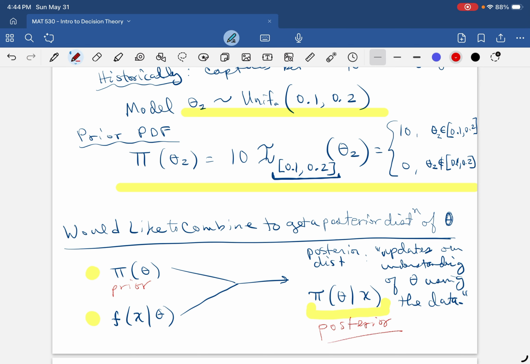That's the distribution of theta given x, given our data. It's our updated understanding of the parameter once we have access to some sort of data. Okay, so we'll do more with that specifically as time progresses, but this is just an idea of Bayesian statistics, and this example seems to be a good context in which to give that preview.